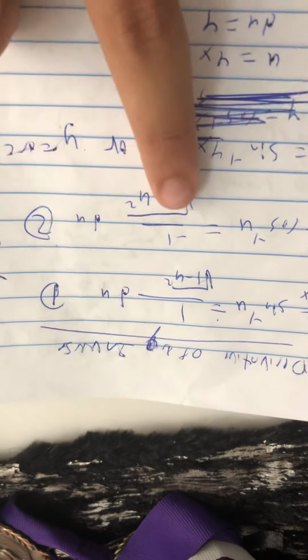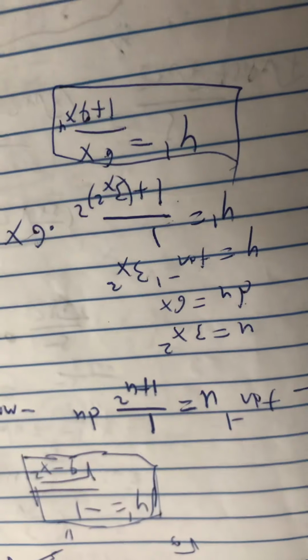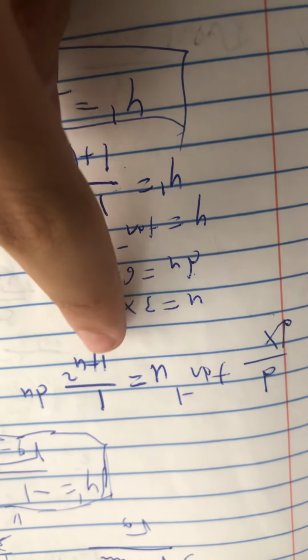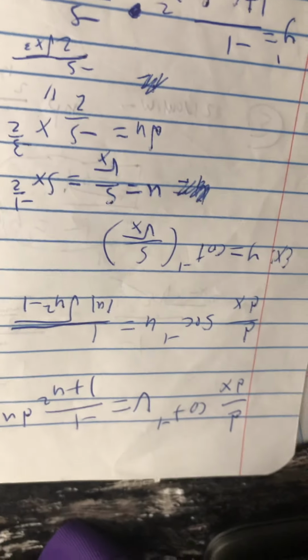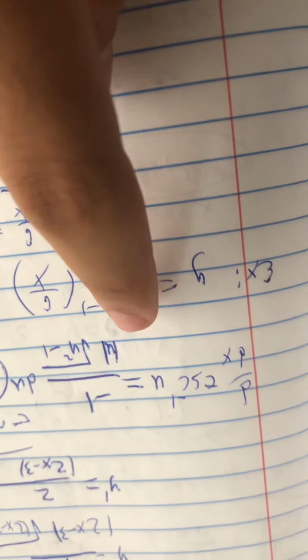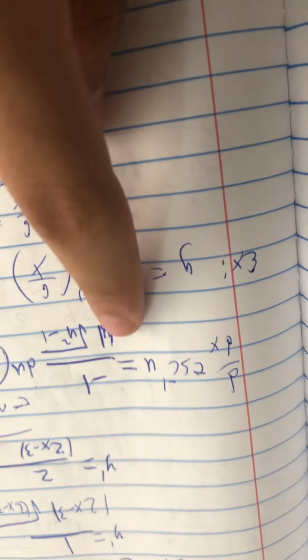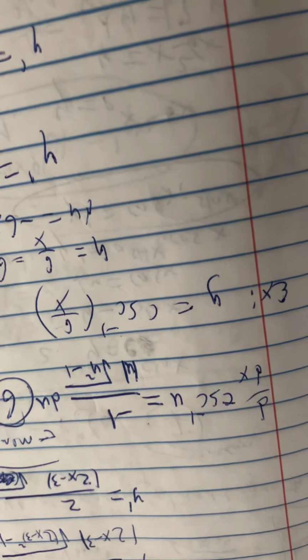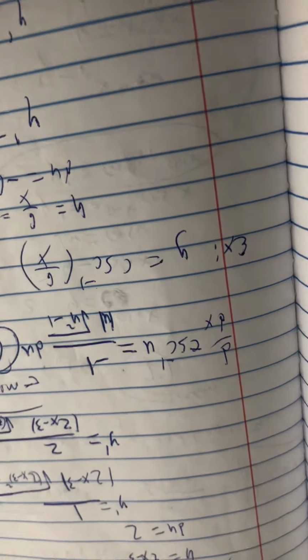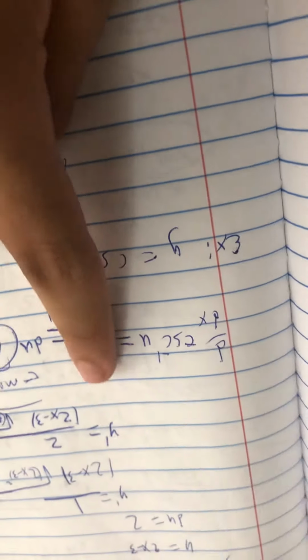Cosine inverse is the same thing with a negative. Tangent inverse is 1 over 1 plus u squared, du. Cotangent inverse is the same thing with a negative on it. After that, we have cosecant inverse, which is negative 1 over the absolute value of u times the square root of u squared minus 1, du. And secant inverse is just no negative on the top.